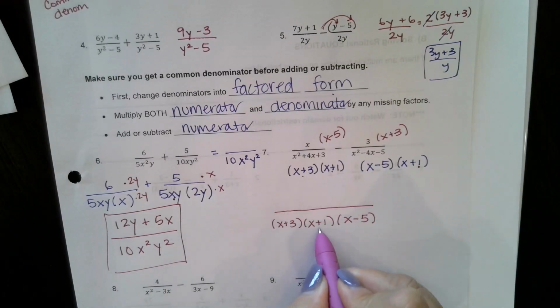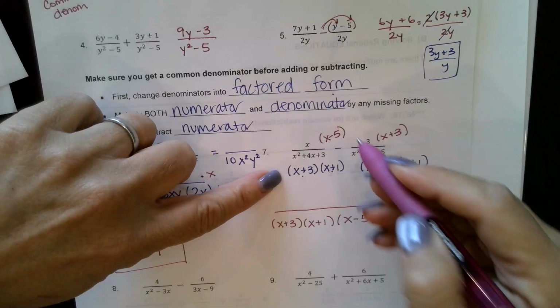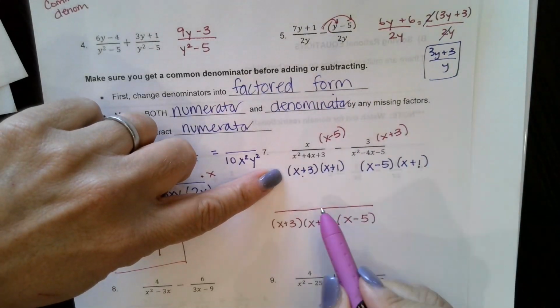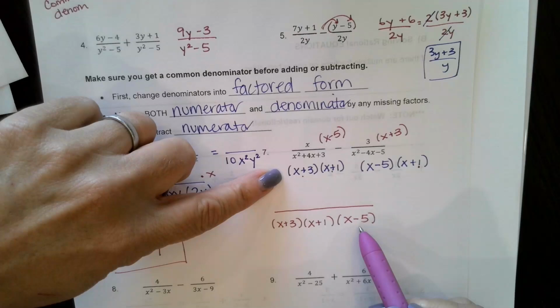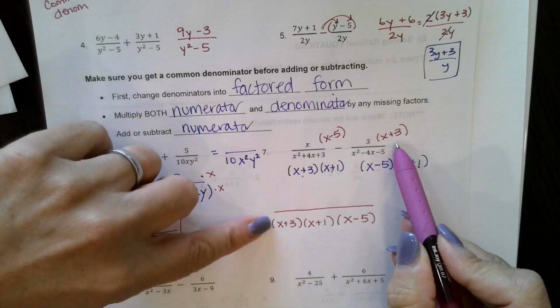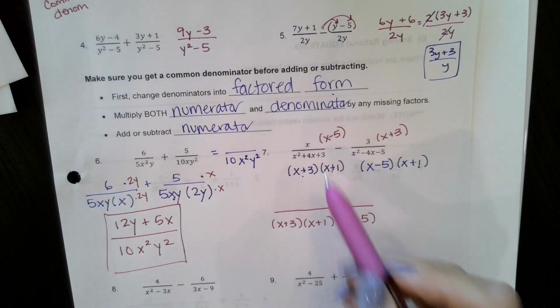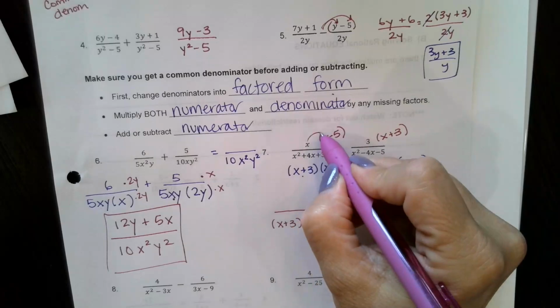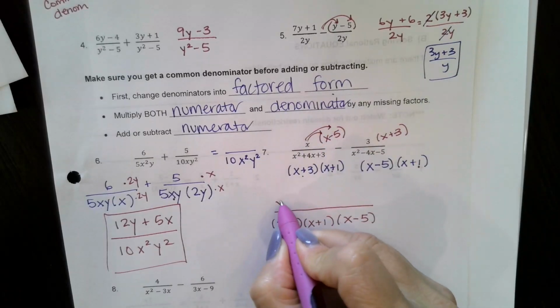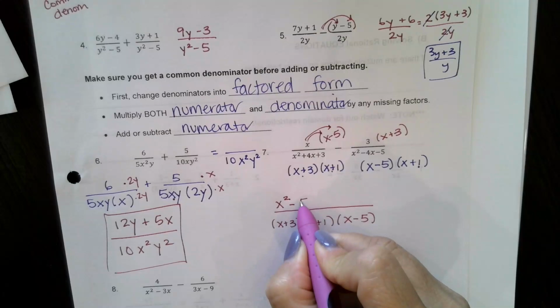So if this is my denominator, then when I multiply the top and the bottom by x minus 5, I get this term. Over here I have the other two, and this gives me the third term. So now when I do the math on the top, I'm distributing. I have x squared minus 5x.